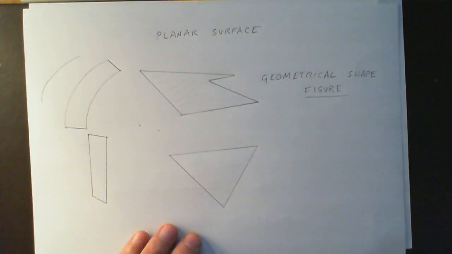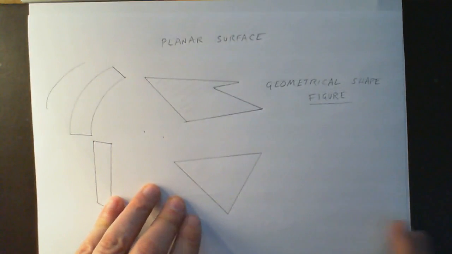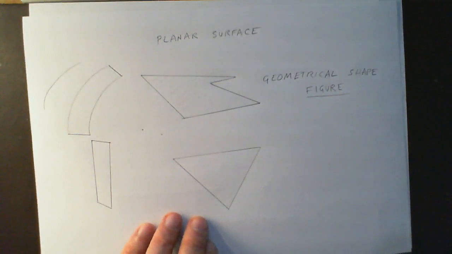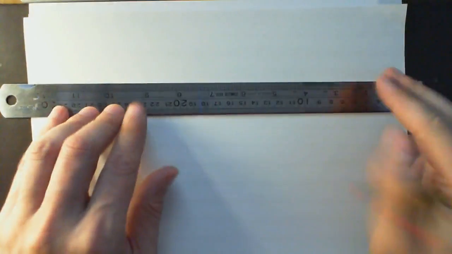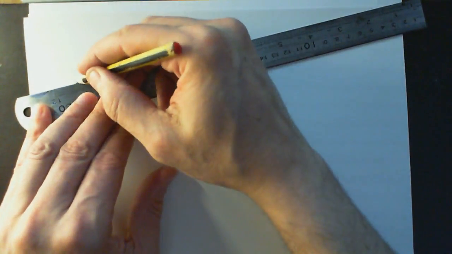So what I'm going to do now is draw a number of things, and I'm going to ask you whether or not they are geometrical figures. Let's start. Firstly, this.